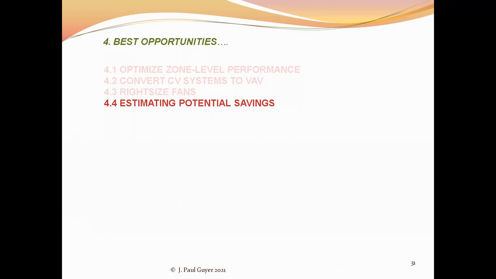So now these are the three categories into which the best opportunities fall for making energy improvements. Those at the zone level: thermostat set points, or perhaps replacing thermostats with those which are more accurate.